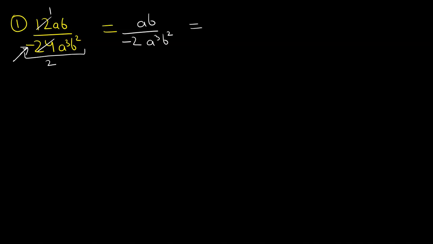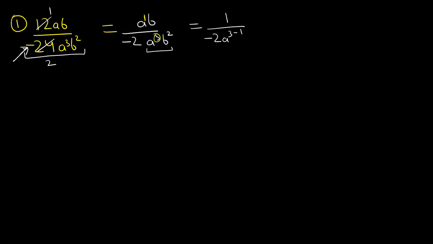Now a cube and b square are both bigger in the denominator, so the subtraction for division will happen in the denominator. We simply write 1 here, negative 2 a to the power of 3 minus 1, because this 3 comes from this one and the 1 comes from this one, because we don't write 1 as an exponent power.